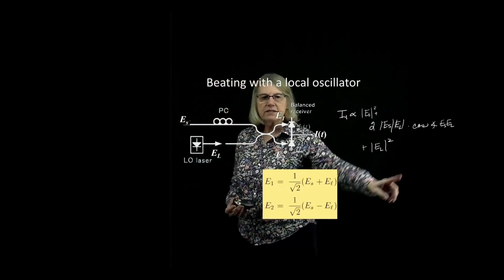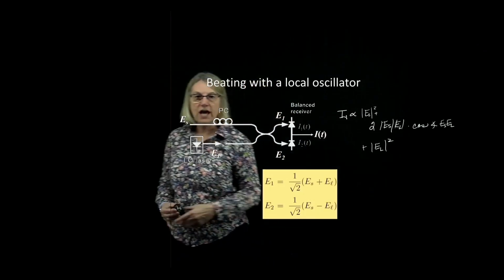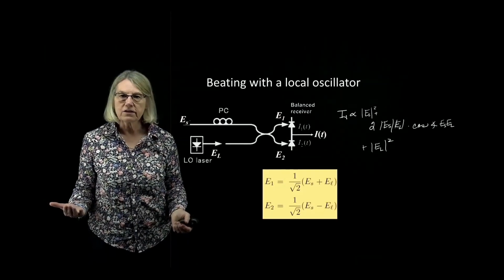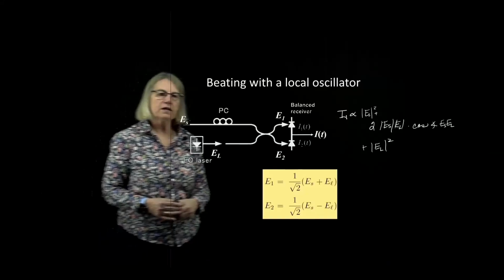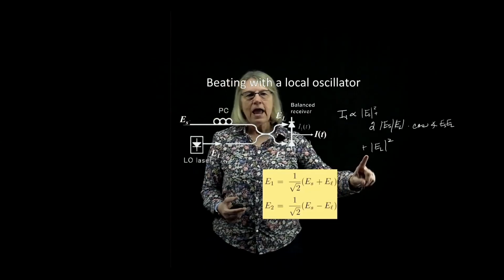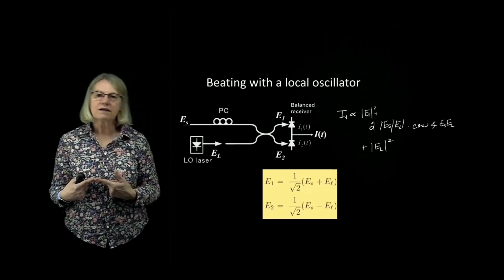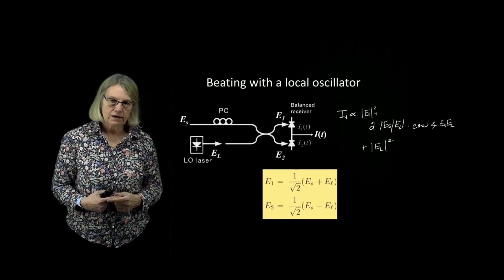I'm going to get something that's proportional to the square of the local oscillator, the modulus squared of the local oscillator electric field, and of course that is the power of the local oscillator. And then I'm going to get a cross term. I'm going to get the inner product of these two electric fields which are incident on the photodiode.